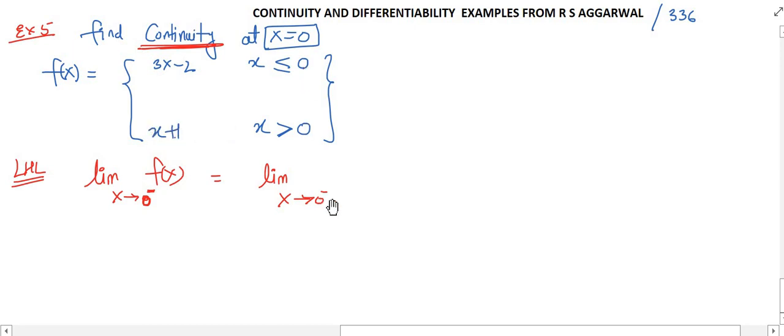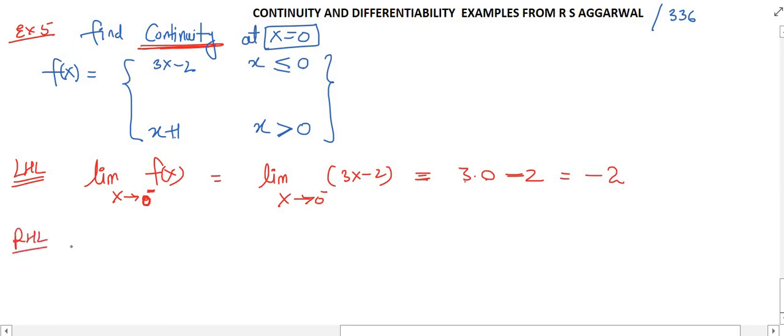See, 0 minus means little bit less than 0. Little bit less than 0 is this. So that means I will take this 3x minus 2. To solve limit, we can directly put the value 0 into 3x minus 2. So 3 into 0 is 0, minus 2 is minus 2.